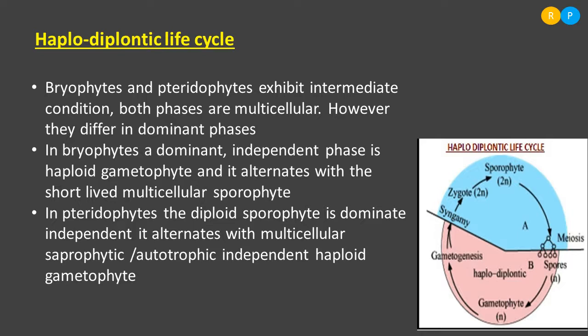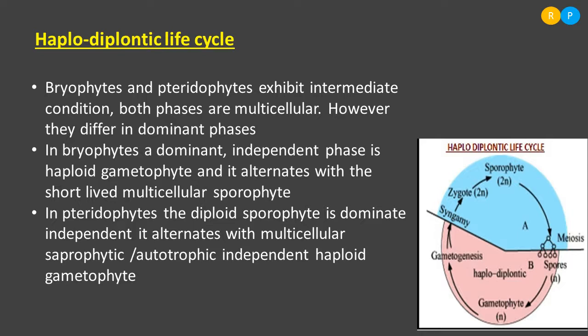Because the pteridophytic main plant is sporophytic, we have to start writing the life cycle from the sporophytic generation. The sporophytic generation is diploid, and that sporophytic plant produces spores by means of meiosis. Because the spores are haploid, they need to be formed by reductional division. So meiosis takes place in the sporophytic plant in order to form spores, and these spores are haploid in nature.